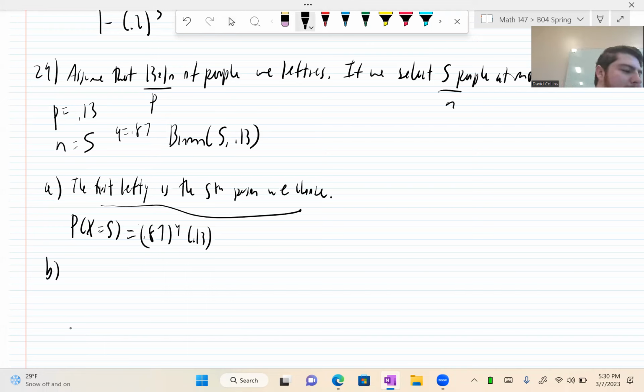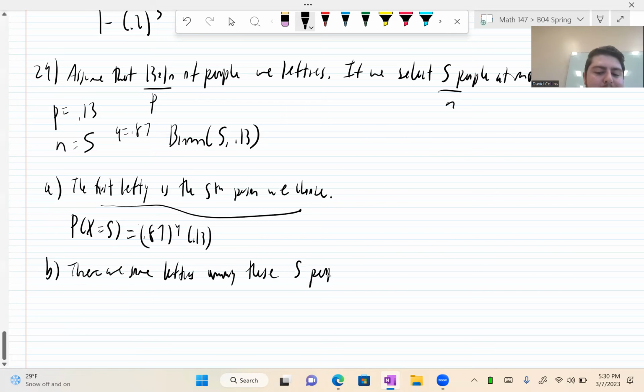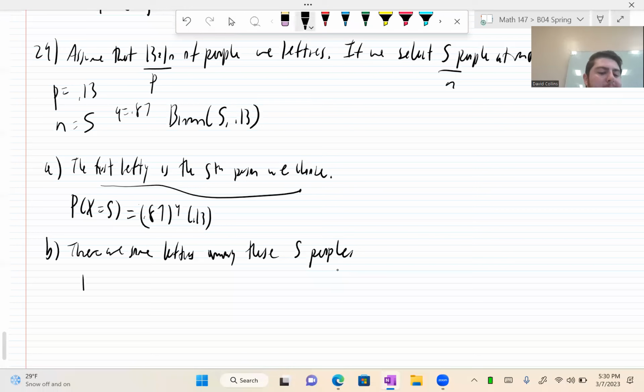Part B, there are some lefties among these 5 people. Well, doesn't this mean that this is the probability that there's at least one lefty, right? Which is 1 minus the probability of no lefties.